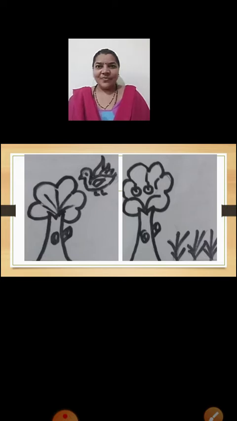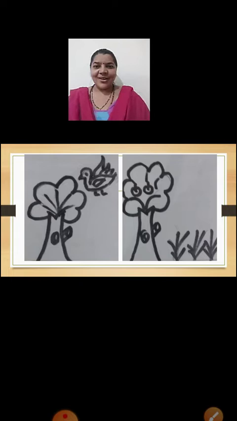Very good. Now see the picture which is to your right hand side and see what you all can see there. Yes, you can see a tree. Yes, grass. And what else you can see there? Yes, you can see two fruits on the tree.